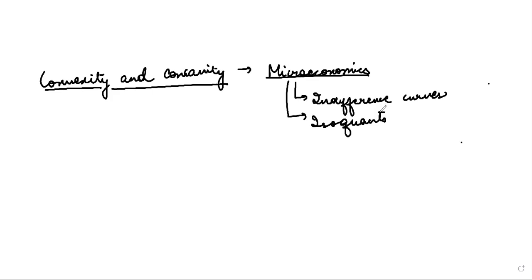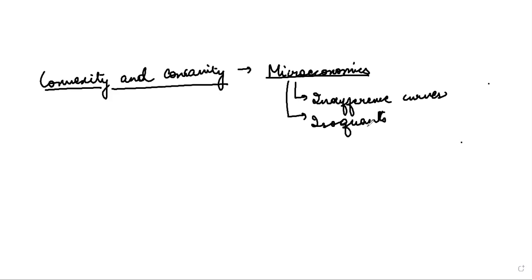So we will try to understand what happens when the indifference curves are not convex and in fact concave, and see if they satisfy the property of being convex or not. So the topic of convexity and concavity is also important from a microeconomics point of view.